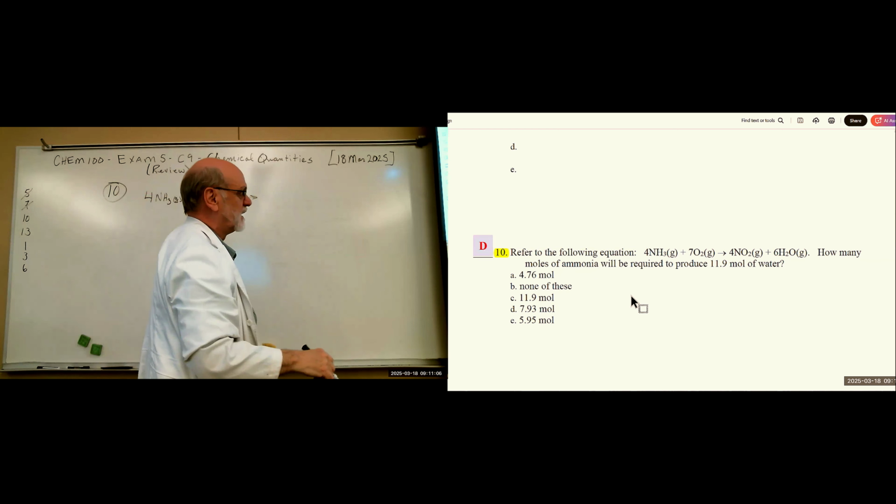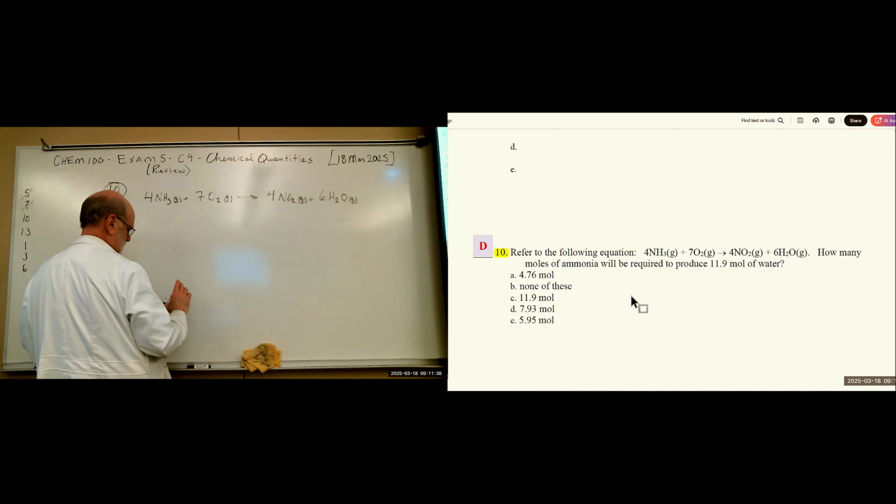What type of equation is this? There's oxygen. This is a combustion reaction, so that means it's also a redox reaction. Nitrogen dioxide is one product, and the other product is water. And that will give an LME.